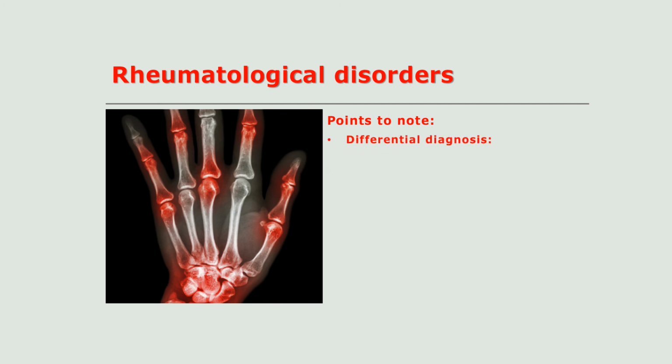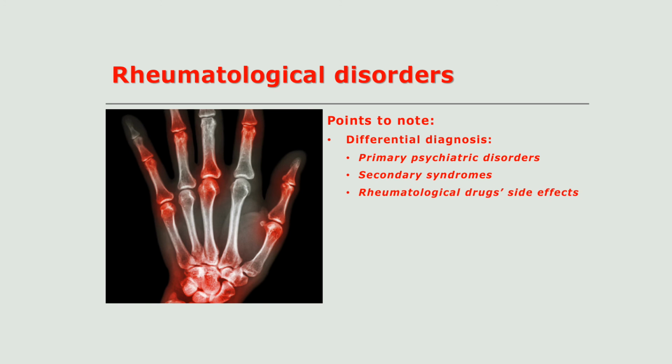First, the differential diagnosis of psychiatric disorders in patients suffering from rheumatological disorders includes primary psychiatric disorders, secondary syndromes such as psychosis from central nervous system lupus, and side effects attributable to the use of rheumatological medications. Second, patients diagnosed with rheumatological disorders have a high prevalence of depression.